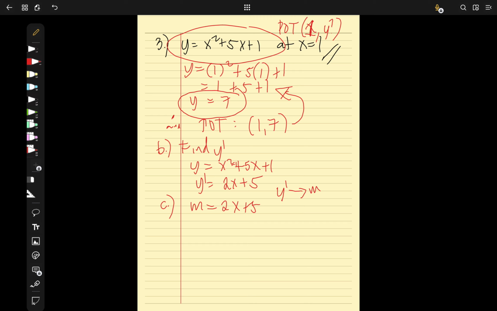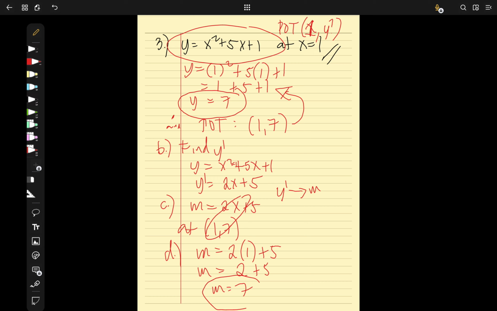Then, substitute natin at 1, 7 using the point of tangency, letter D. The slope is equal to, ito yung x natin si 1. So, 2 times 1 plus 5, which is 2 plus 5, equals m equals 7. So, the slope of the tangent line at 1, 7 at this point is 7. Okay, stop muna tayo dyan.